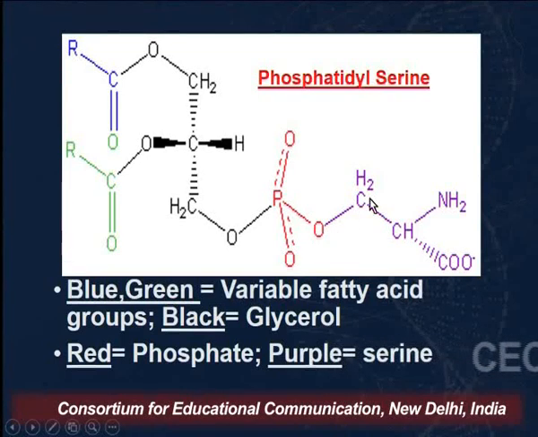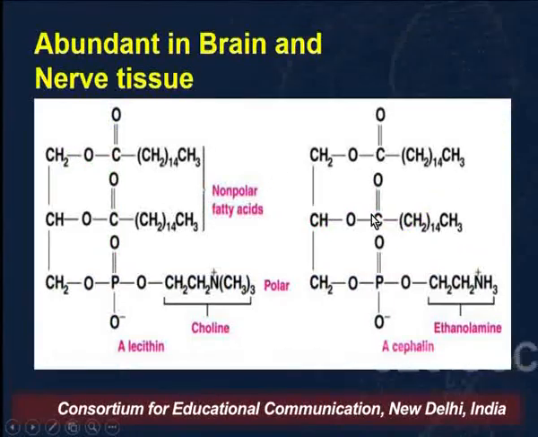If it is an ammonium salt, we will have a positive charge here. So it is polar in nature. So what you have to remember is that heads are polar when we are talking of cephalins or lecithins, and tails are non-polar. So lecithins and cephalins are abundant in brain and nerve tissue.